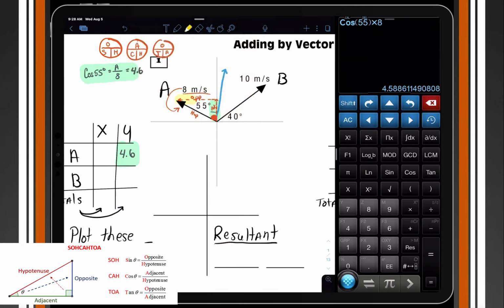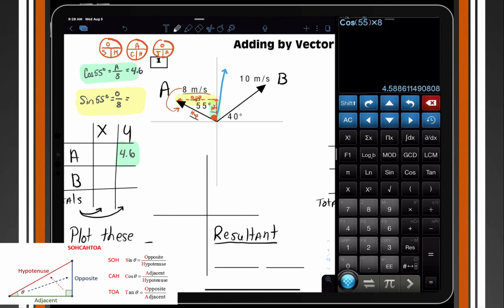We're going to figure out the x value for this now. The x value, if I look at the trigonometric function that I'll have to use for it, it's going to be sine. So I have sine 55 degrees equals opposite over 8. Why 8? Because that's the hypotenuse. Opposite is this side.